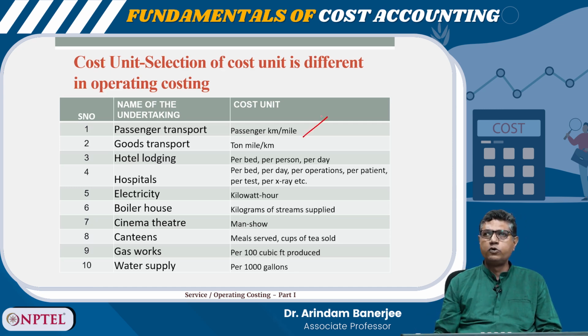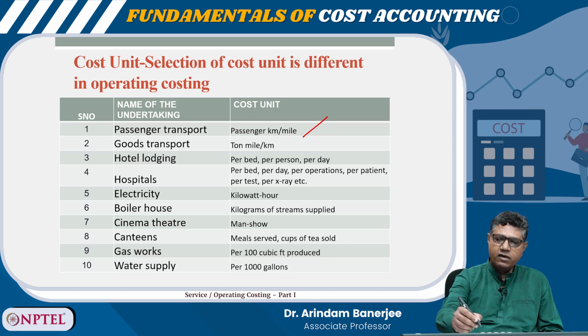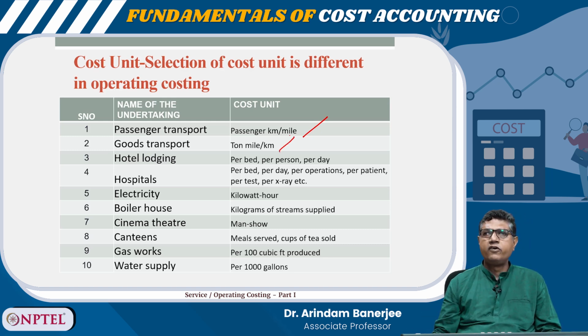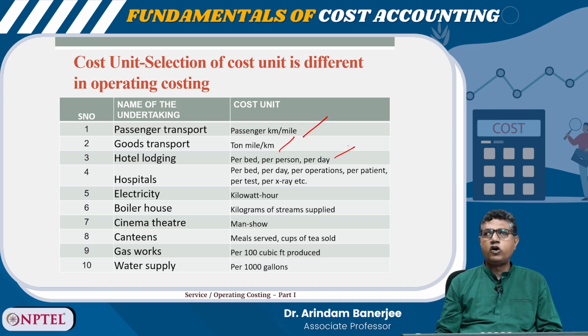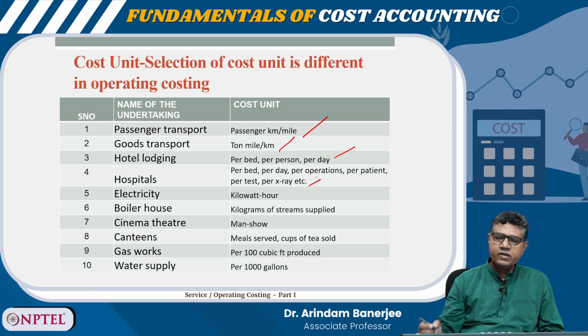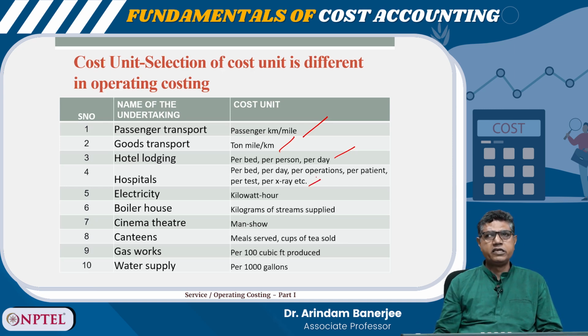For goods transport, it may be ton mile or kilometer. For hotel lodging, in the hospitality industry, it may be per bed, per person or per day. For hospitals, it can be per bed, per day, per operation, per patient, per test, per x-ray, etc.